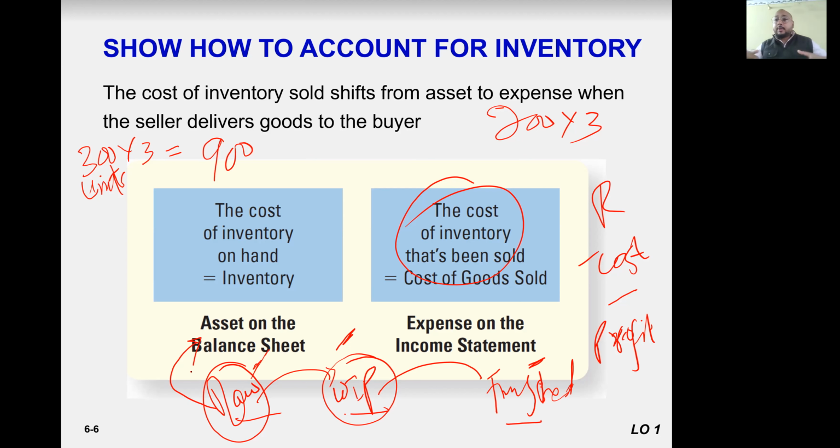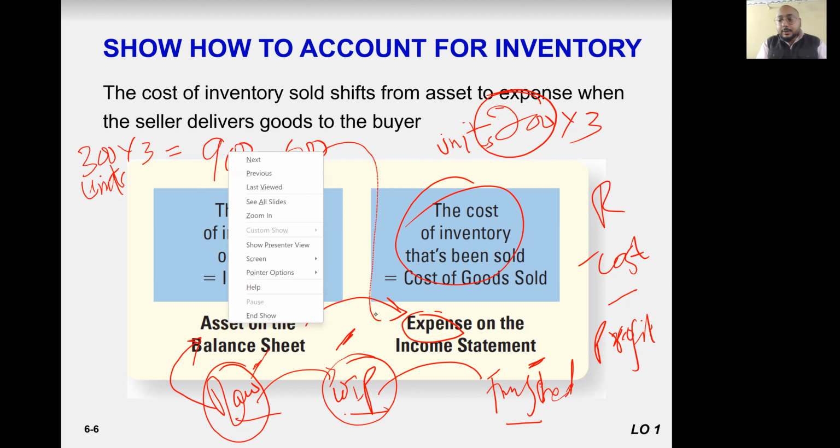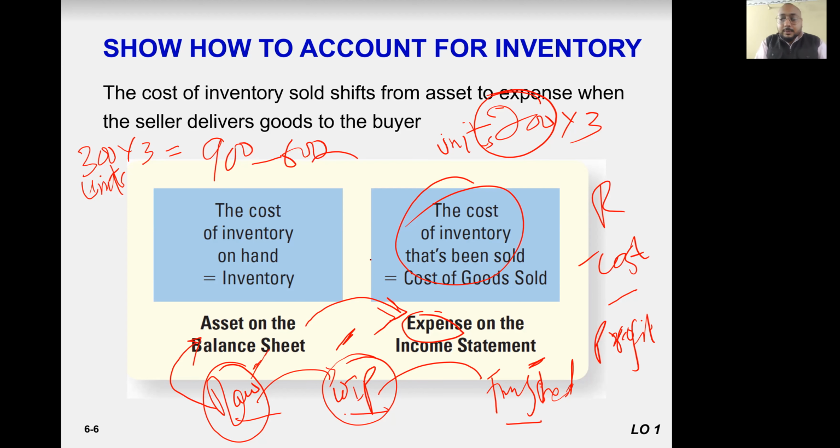So ultimately, whatever you sell, that cost you shift to the income statement as an expense. So in the previous example, how many units did you sell? You sold 900 units. So cost was 300. So that's why out of 900, 600 shifted to the income statement as an expense.